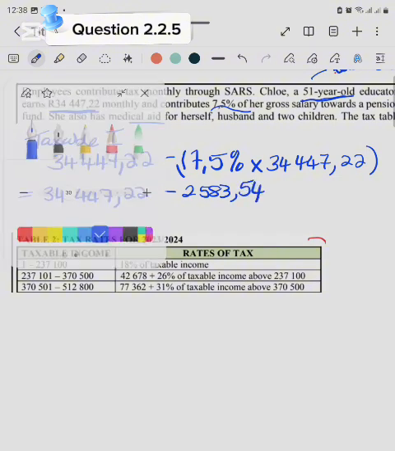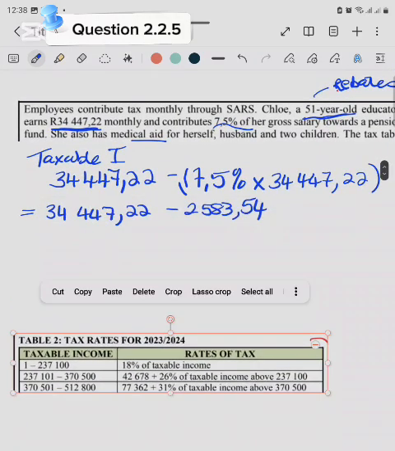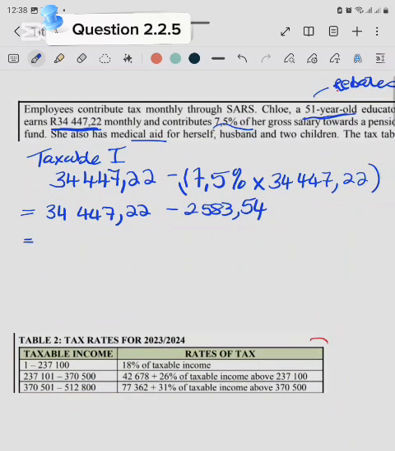When I do that, I'm going to get to an answer of 31,863 and 68 cents.